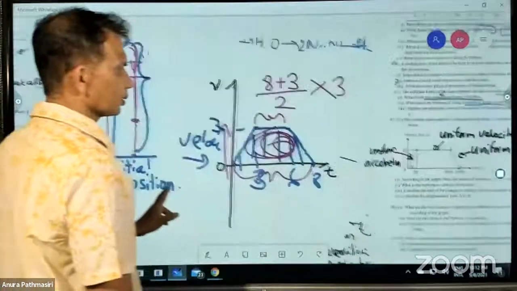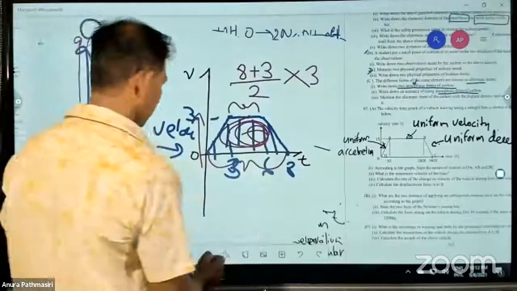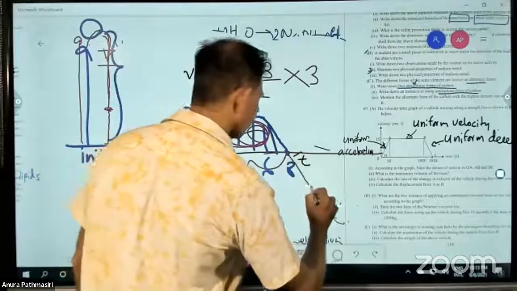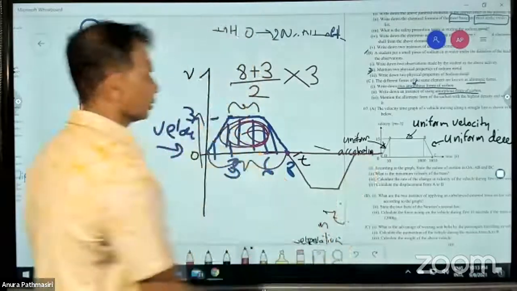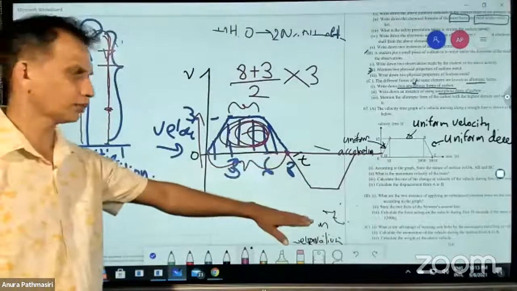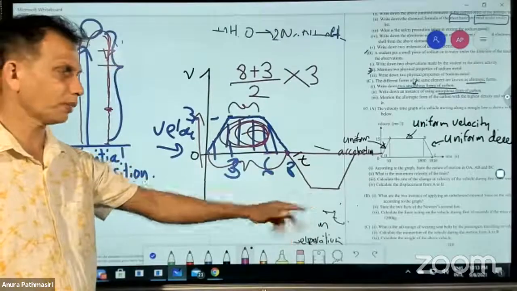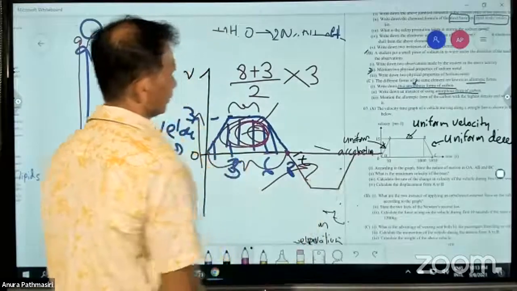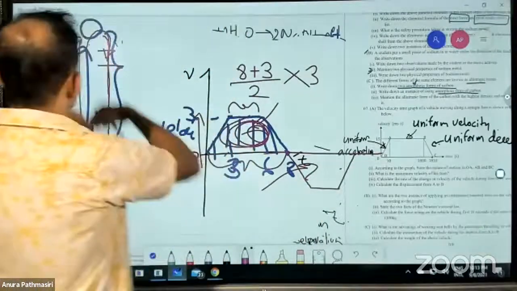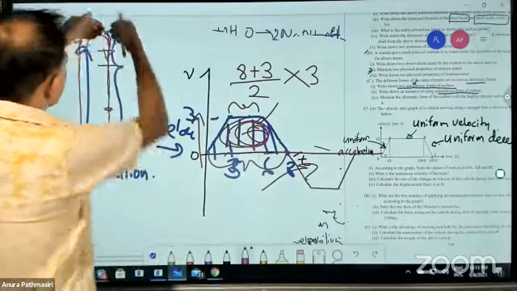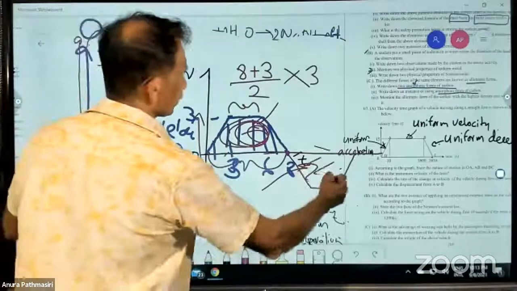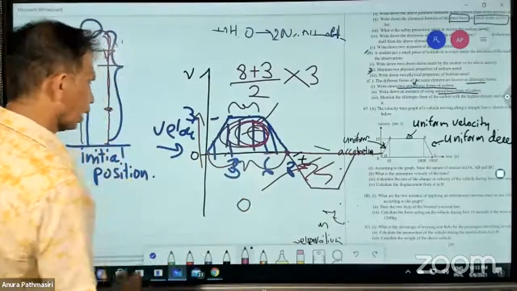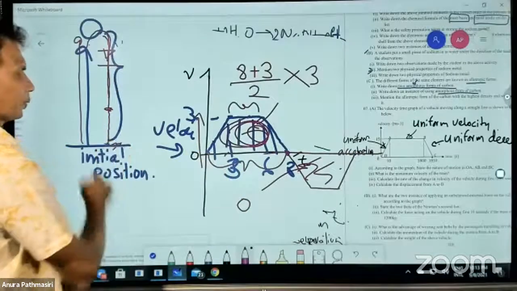So that means you need to have the same sort of thing, but on the opposite side of the graph, the Cartesian plane. And the area is the same. This upward movement, this area, downward movement, this area. As a result, it's 0. Now it is in the initial position.